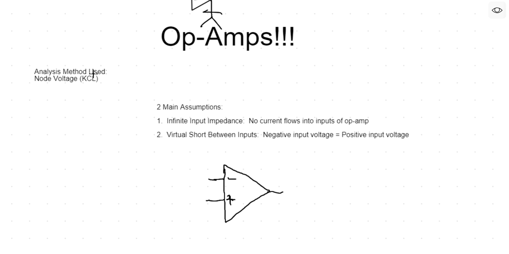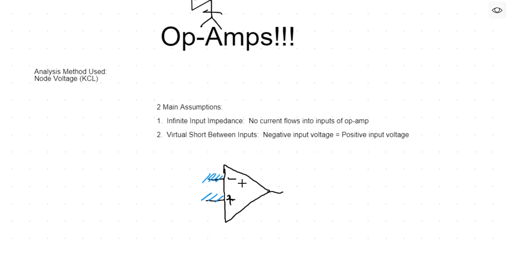To denote that, here you have the negative input. I'm going to put some hash marks on the negative input and the positive input, meaning that the current does not flow into the op amp. The second assumption is that there is a virtual short between the inputs.